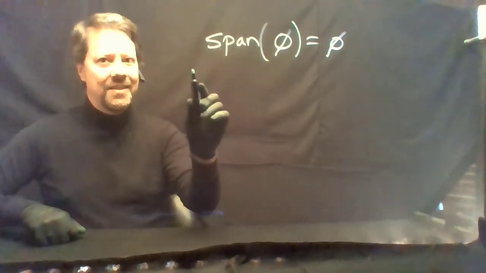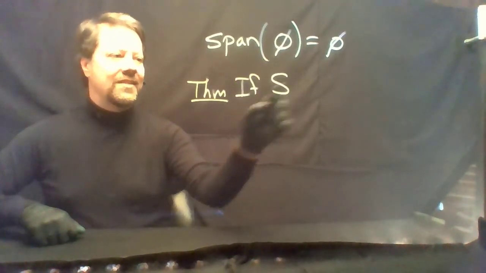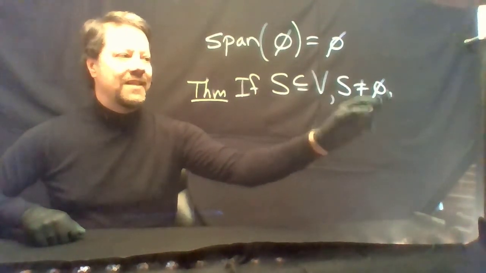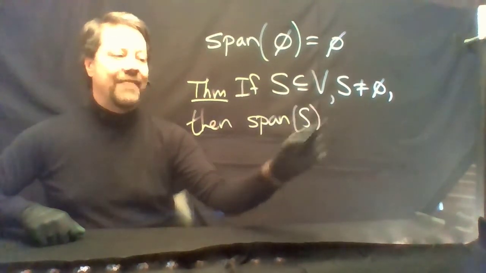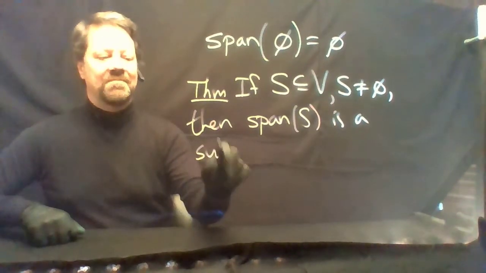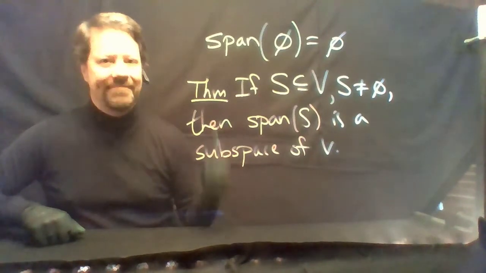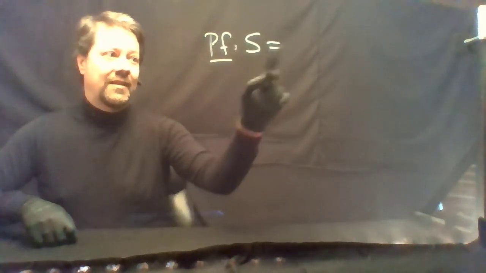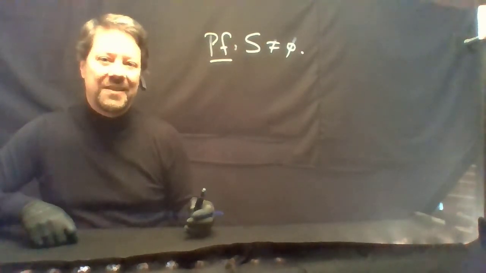So, there is a theorem, though. If S is a subset of some vector space V and S is not the empty set, then the span of S is a subspace of the vector space V. This we can prove. In our proof, first note, S is not empty by hypothesis. Now, we just need to prove the two closure properties.